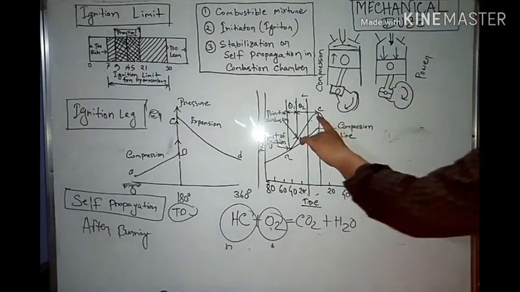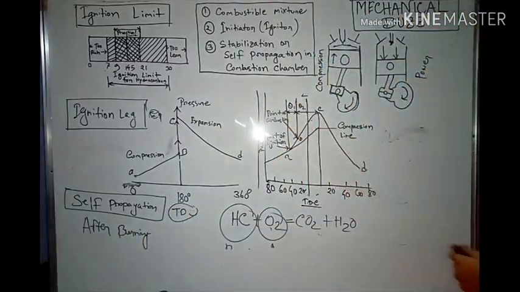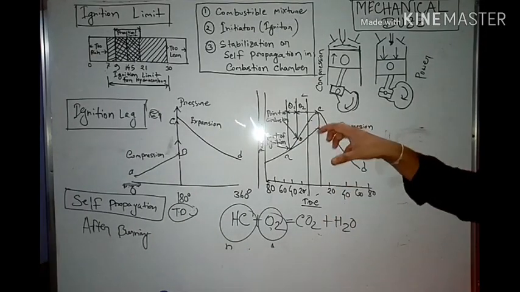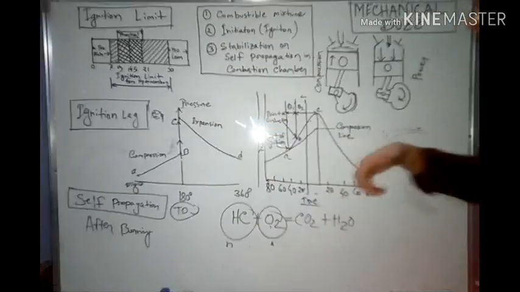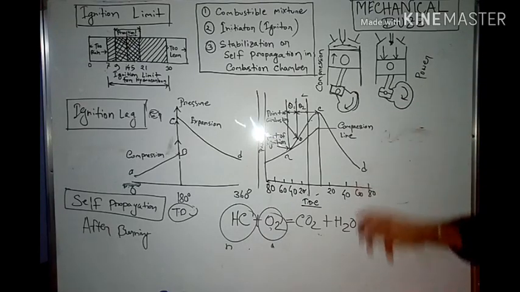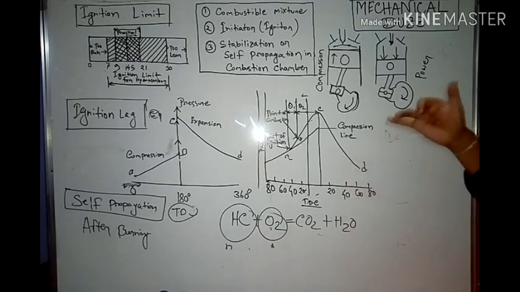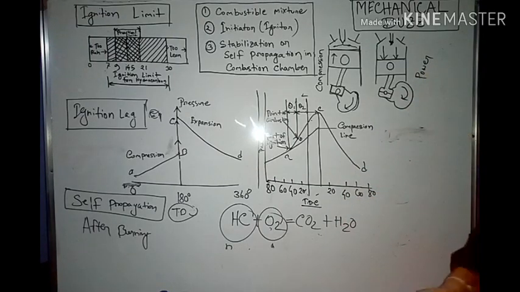So from C to D, it's called the afterburning position, and the power stroke is complete. That's the combustion process that takes place inside a cylinder, and it's very important to understand these things, because without this you cannot understand the phenomena that take place inside a cylinder. As an engineer, it's very important to understand this.